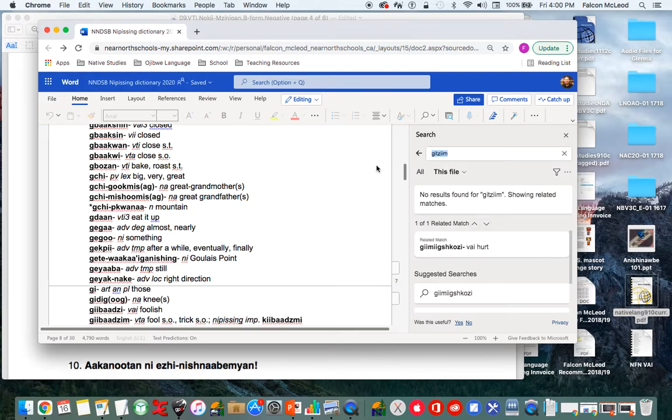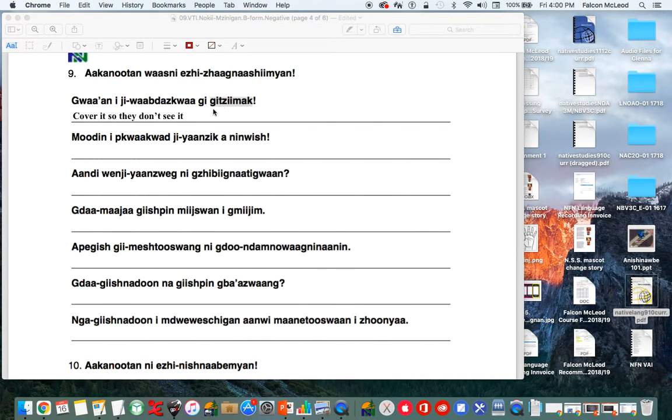Gitzim. All right, so this is a word I should have incorporated into the dictionary. Gitzim means parent, but gitzimak means parents. So cover it. So I guess the parents don't see it. Cover it so parents don't see it. There we go.